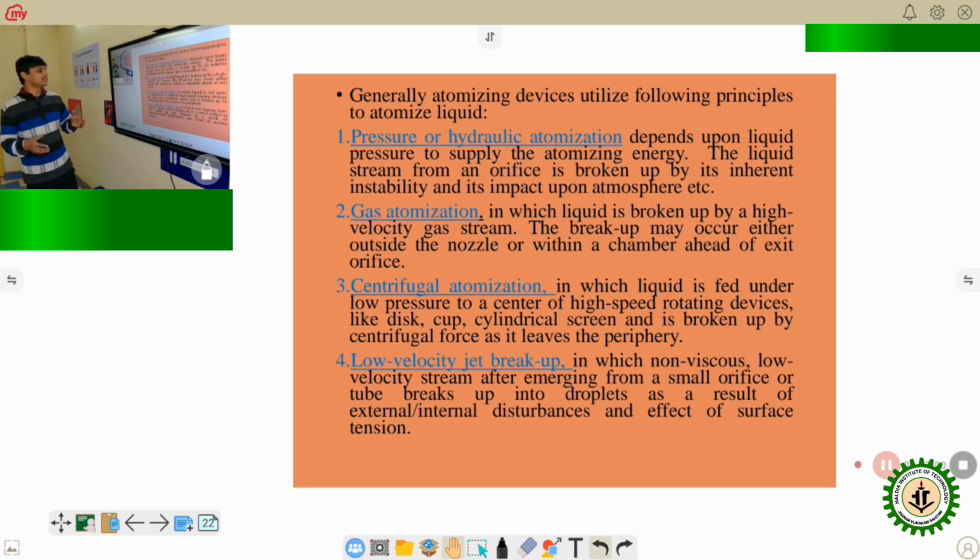And low velocity jet breakup is also there, which is generally used for non-viscous fluid, where a low velocity stream after emerging from a small orifice breaks into droplets and distributes very effectively due to surface tension.